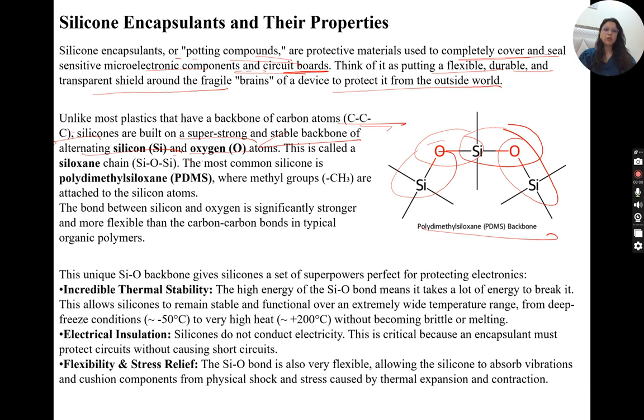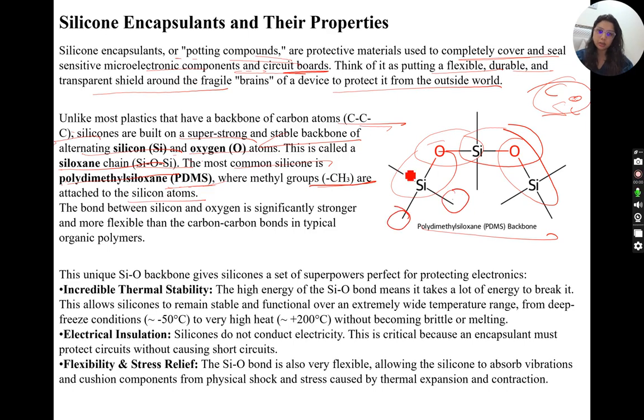Carbon and silicon are from the same group, so just like the carbon-carbon bond, the silicon-oxygen bond is very stable. This is called the siloxane chain, or Si-O-Si bond. The most common silicone is polydimethylsiloxane, or PDMS, where methyl groups, CH3, are attached to silicon atoms.